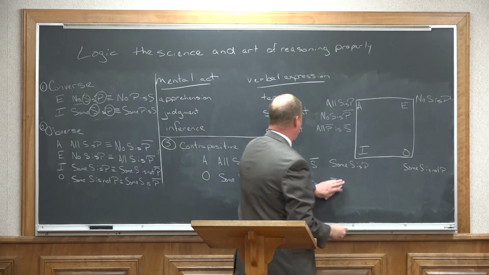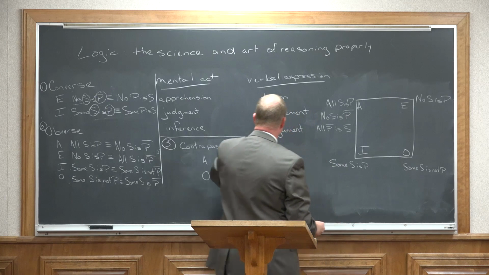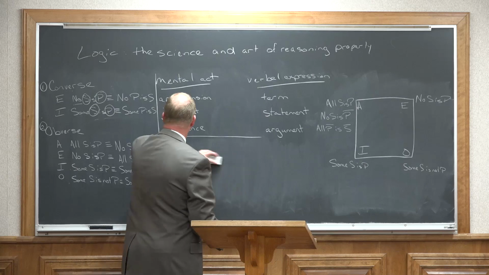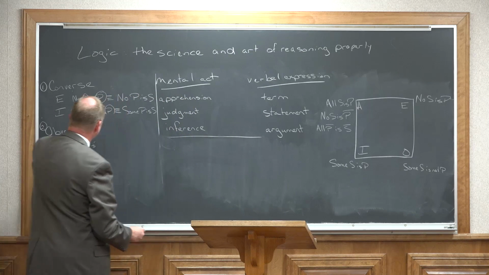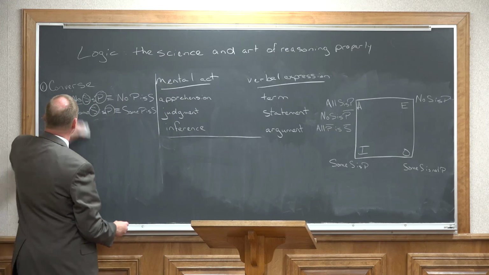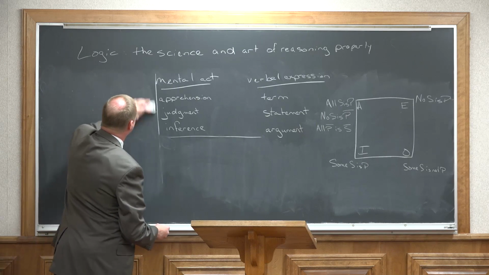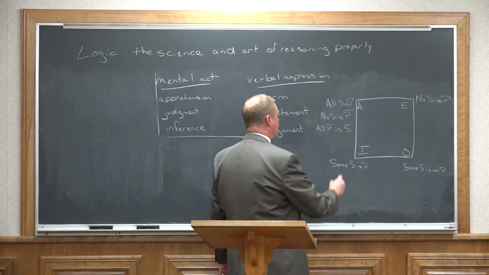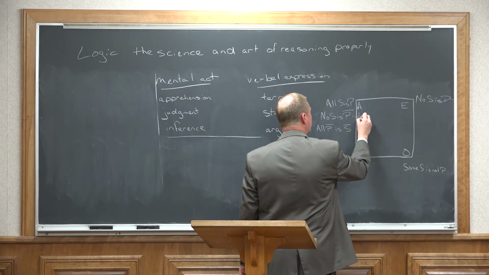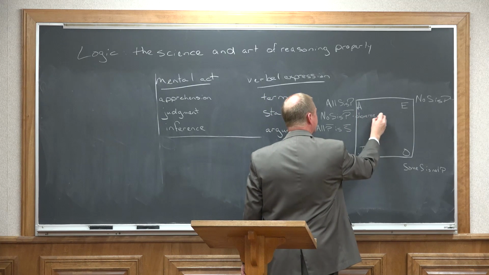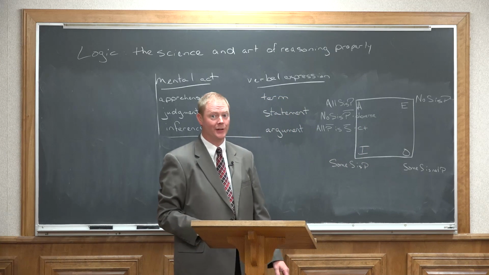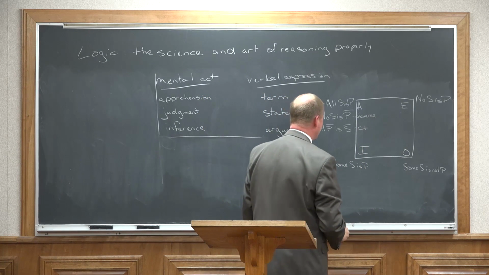Okay? So for the A statement, you have one obverse and one contrapositive, or C+, as I like to call it.